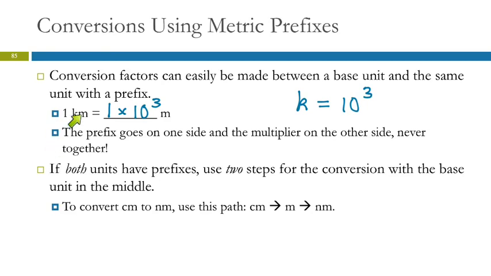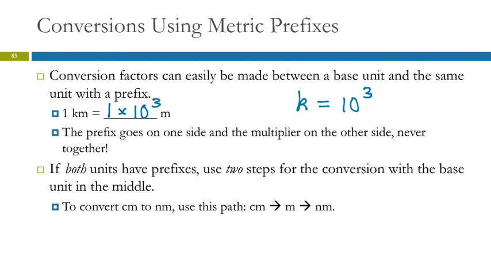So the way I'm teaching you, the prefix is on one side, and the multiplier, the 10 to the something, is on the other side. Always. When we do worksheets, do you want us to write out our answer in scientific notation? That's a good question. So when should I write the answer in scientific notation? Well, if it requests the answer in scientific notation, you better.